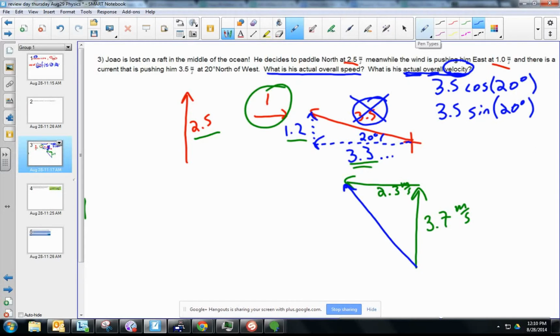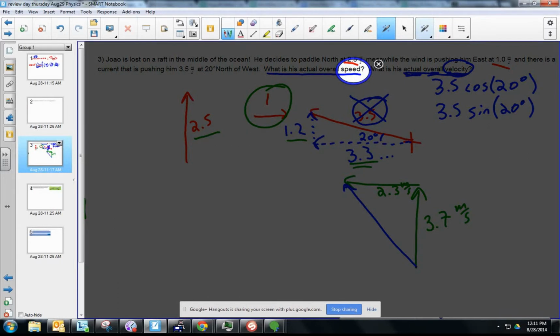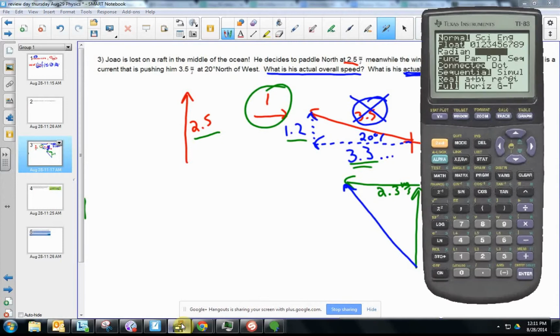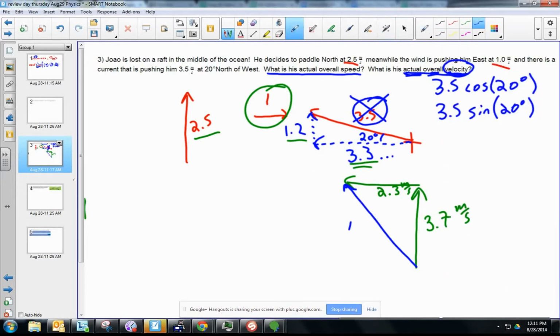If all I'm asking for is speed, then all you have to do is the Pythagorean theorem and get that answer there. So we have 4.4, and if the answer is for speed, we're done.